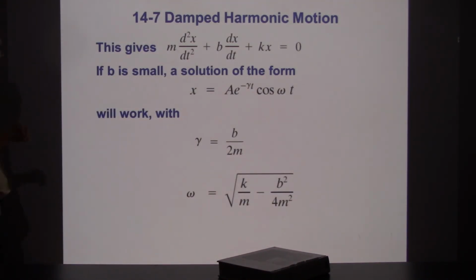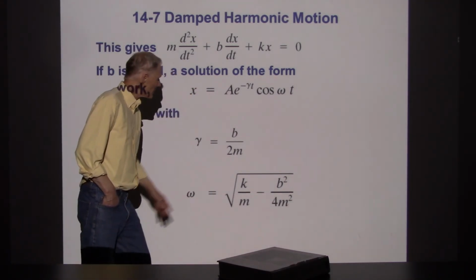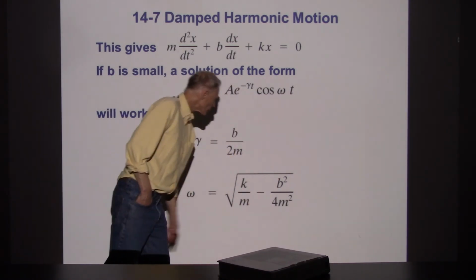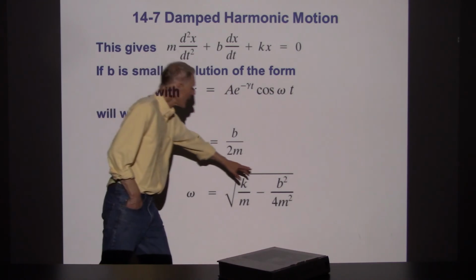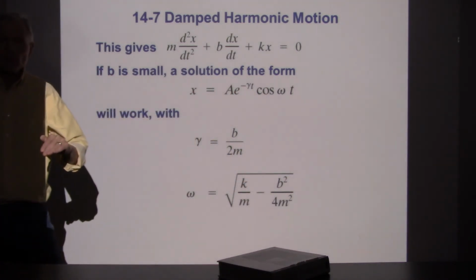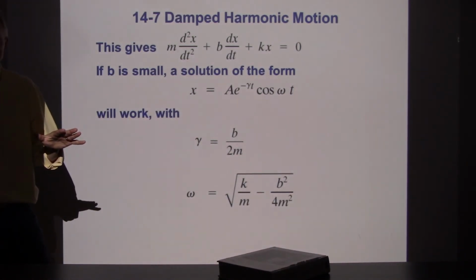If we think back to the solution that they gave us, the frequency here being k over m minus b squared over 4m squared, as we add more and more damping, the frequency slows down, and when the frequency hits 0, there are no more oscillations.